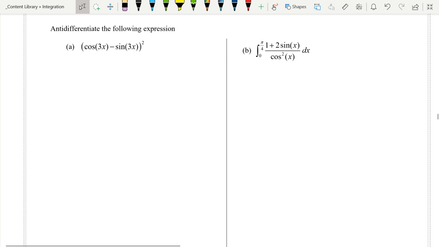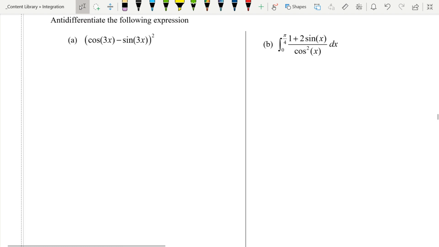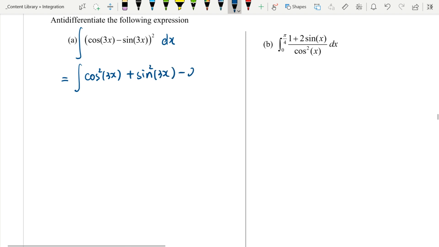Let's have a look at the first one. What we need to do is expand that first. And the first two will give you 1.